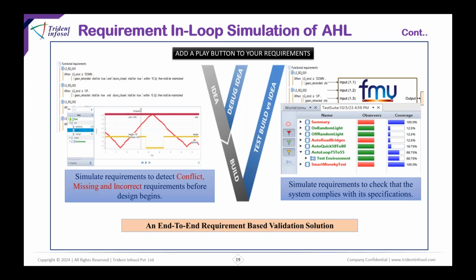This ensures high quality specifications early on, which is crucial for safety critical embedded systems. At the validation phase, the simulation allows test engineers to automatically generate test vectors and also validate that the embedded code complies with these specifications.